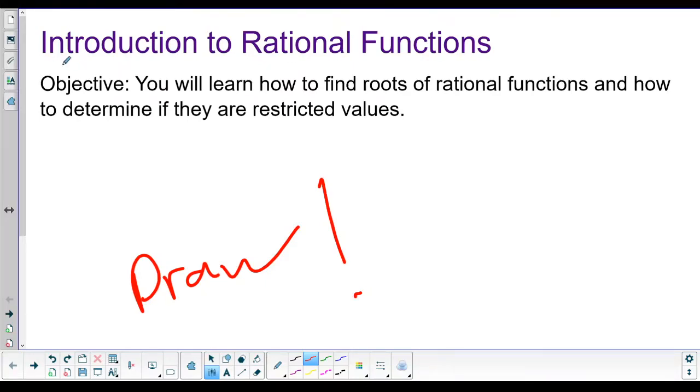All right, so you guys are gonna learn about rational functions today. I'm gonna try and make this as painless as possible for you folks. But rational, I'm gonna tell you right now, that thing means fractions.